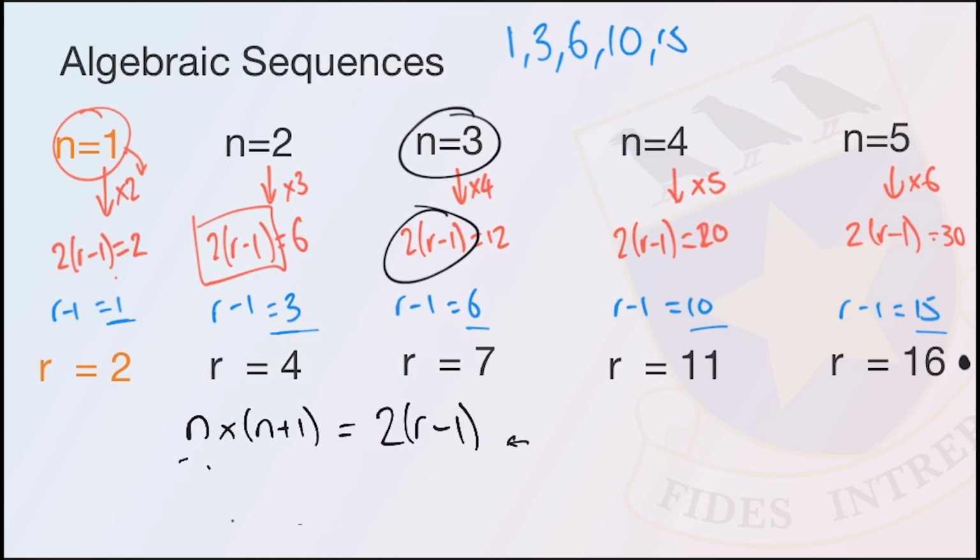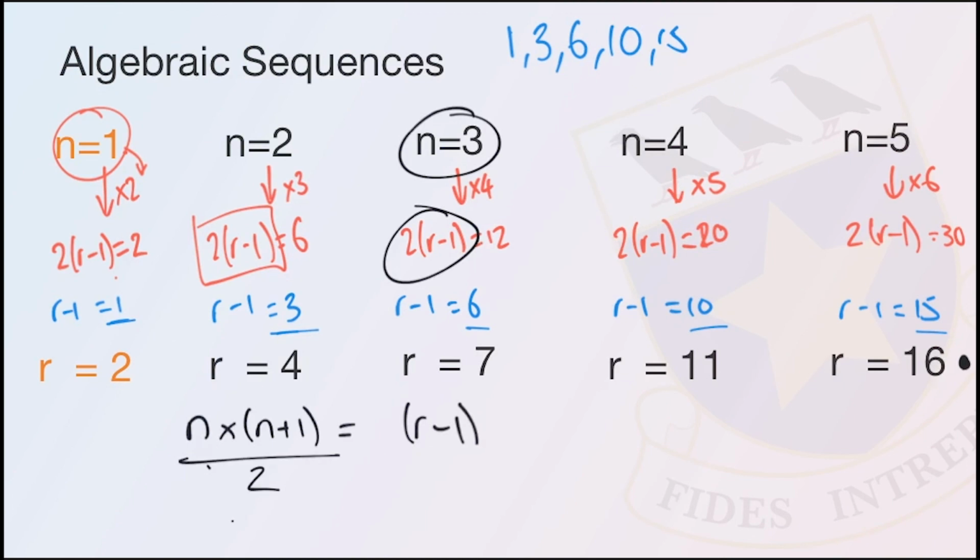We can divide both sides by 2, like this, and that's going to cancel those 2 out. So I'll use my eraser and rub it out. So there we go. So that means n times n plus 1 divided by 2 is equal to r minus 1, the number of regions minus 1.